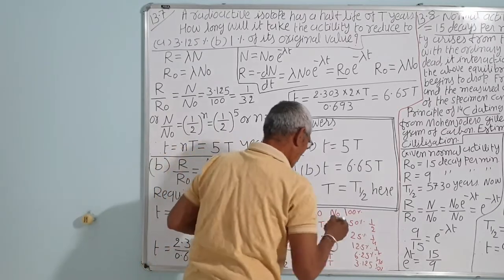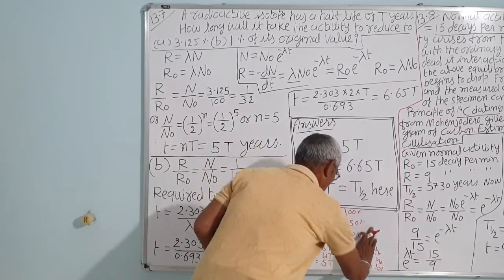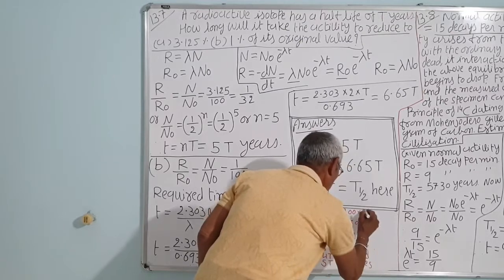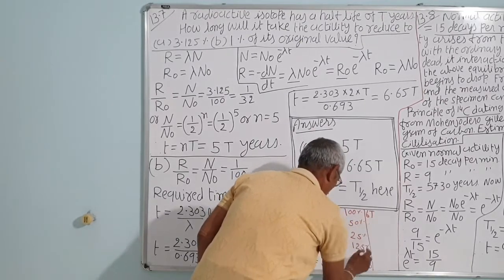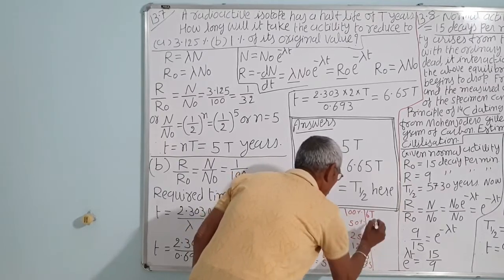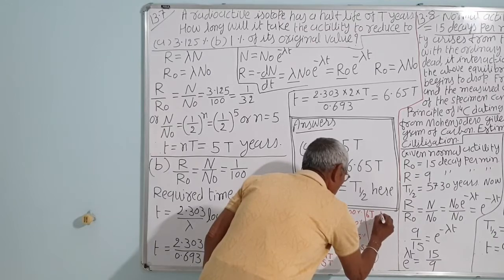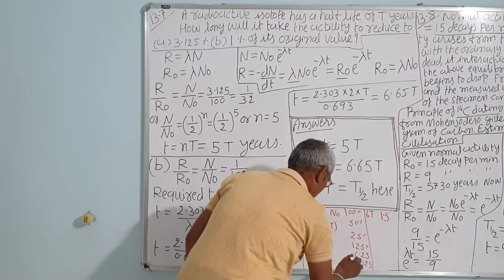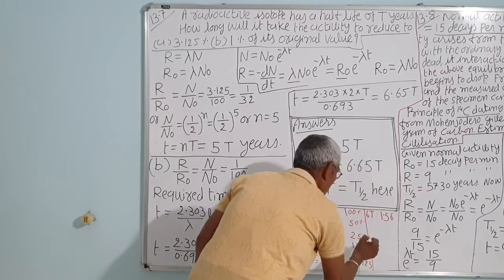Still if you go for more, again you can go, then 6T, half of this, that is 1.56 and so on.